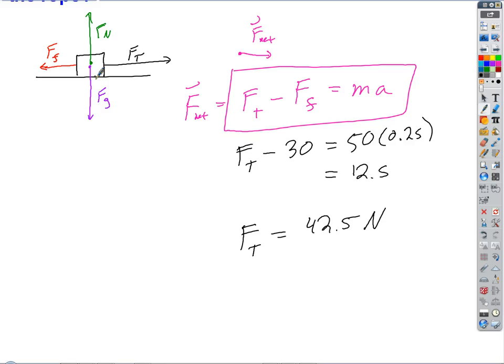If I had drawn the tension going that way and the frictional force going that way, my answer would have been the same, right? True, the net force would have been negative instead of positive, but we were just asking for the amount of tension, the magnitude, so it really didn't make any difference. Is there ever going to be an instance where tension is truly negative?